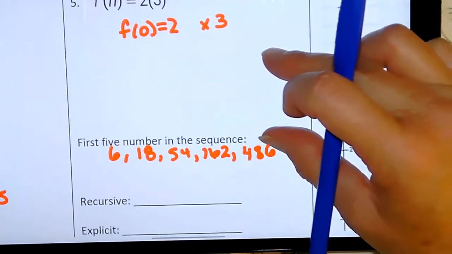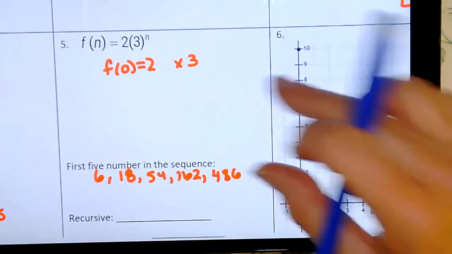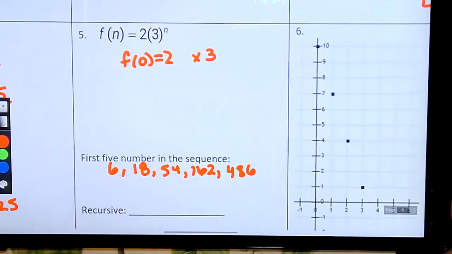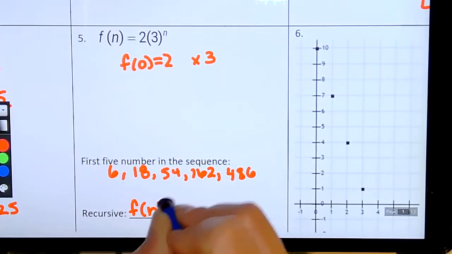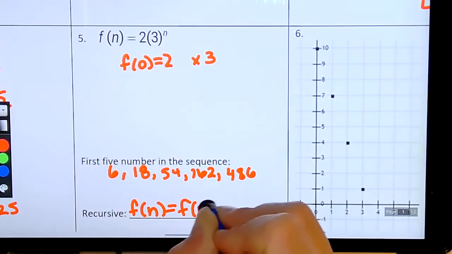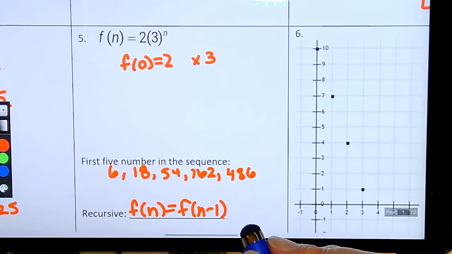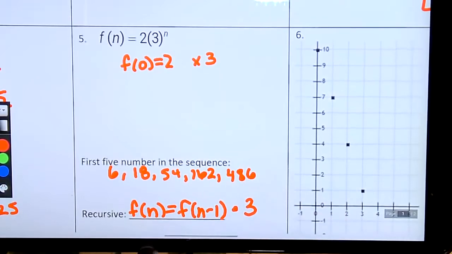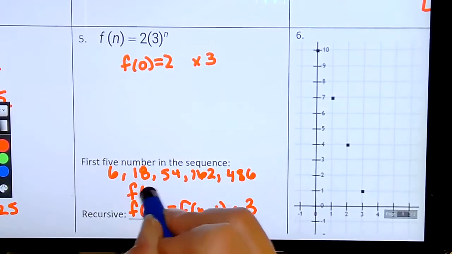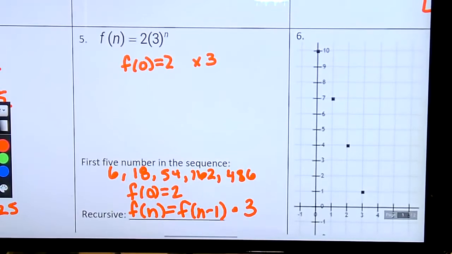So then my explicit and recursive. Okay, so the recursive, f of n is equal to f of n minus 1. And what I'm doing in this is I'm timesing by 3. And I'm going to write right above it, f of 0 is 2, so we know where to start.